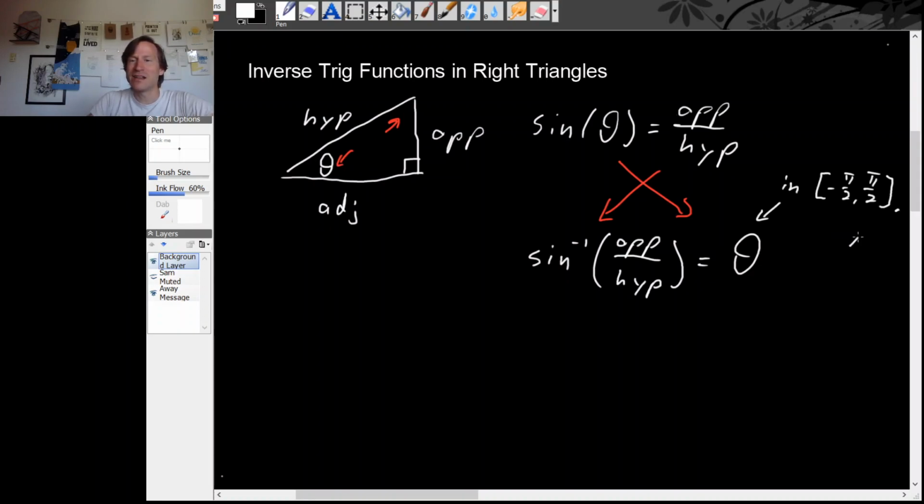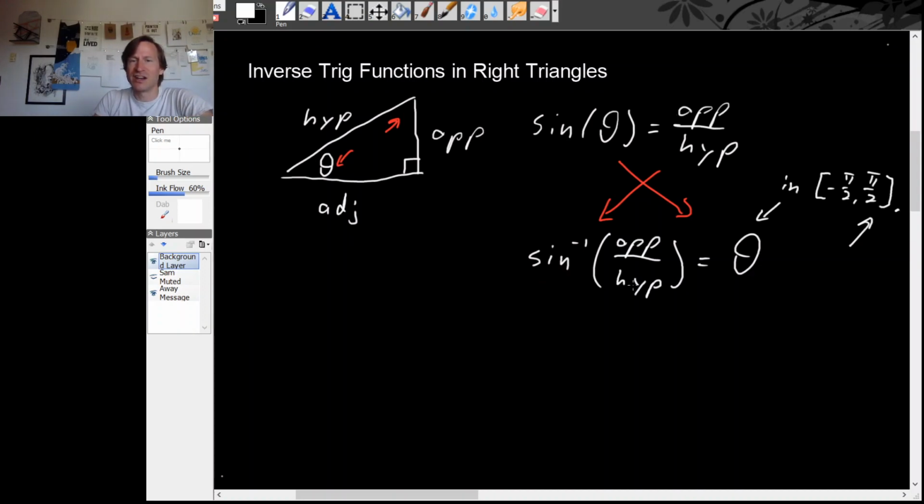That means they're always guaranteed to be in this restricted domain, and also in the restricted domains of cosine and tangent. So all of the trickiness that showed up in the most important diagram involving restricted domains is no worry in a right triangle, because you're always in the restricted domain.